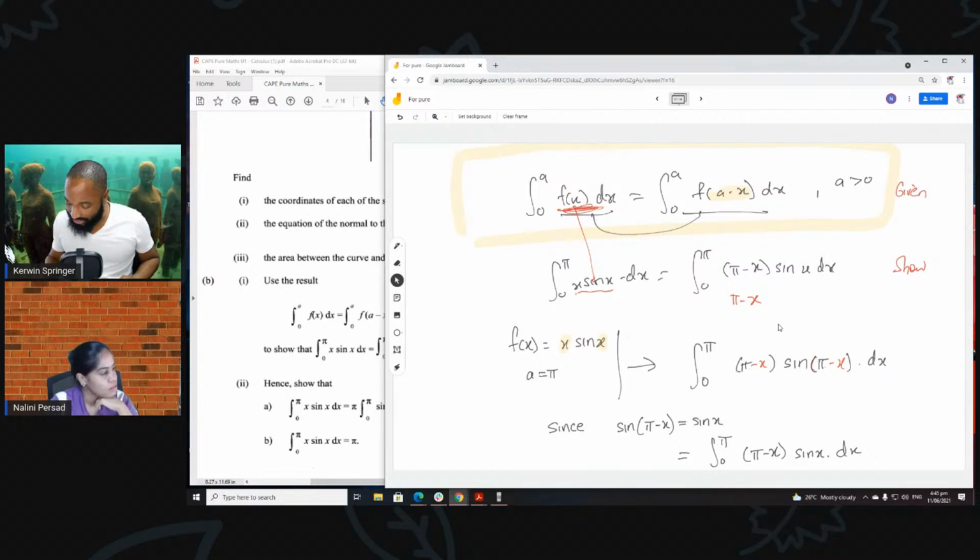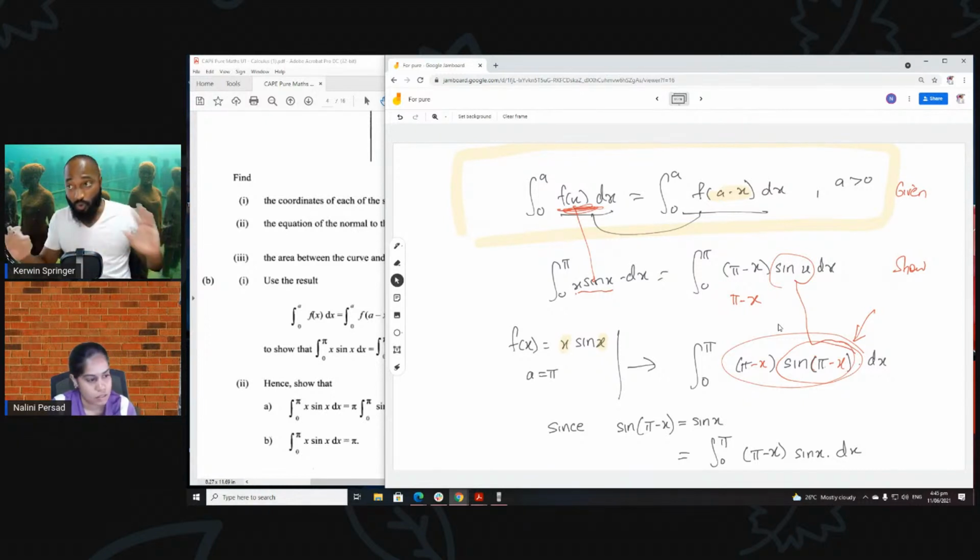That's why I got this. This is what I'm supposed to get. So the only thing they're really asking you in this question is trigs. They're just asking you to say that this is this, according to the rules of trigs, that sine of pi minus x is the same as sine of x. That's all the question is asking you to say.